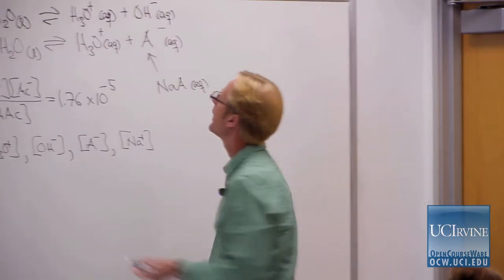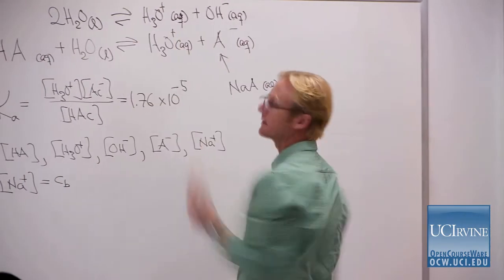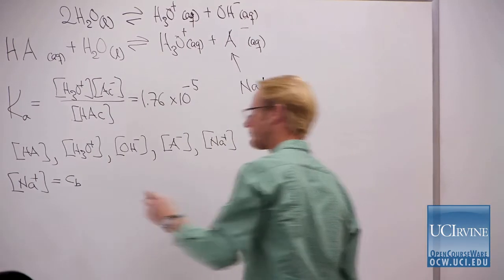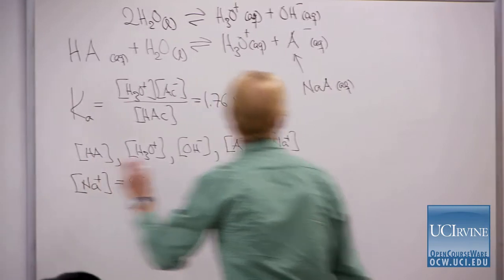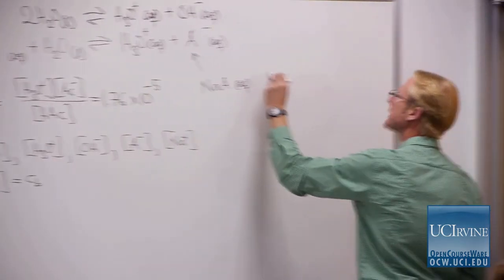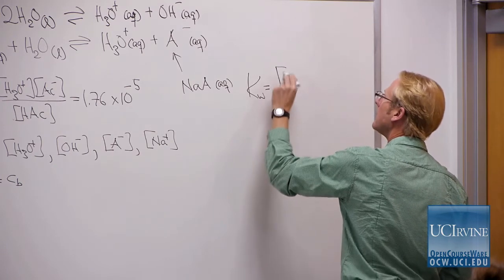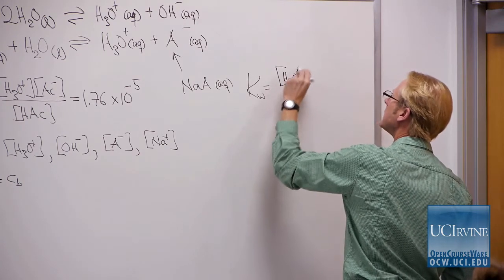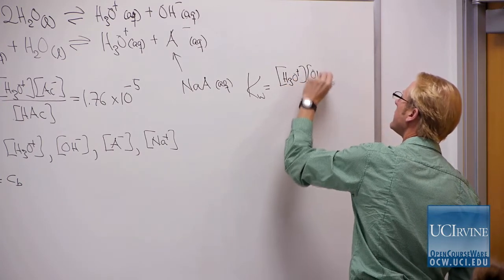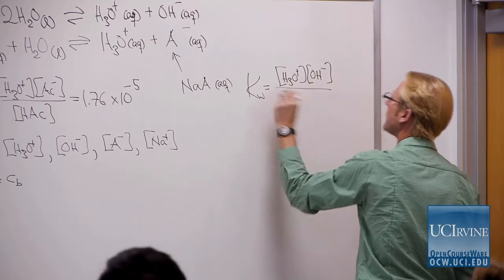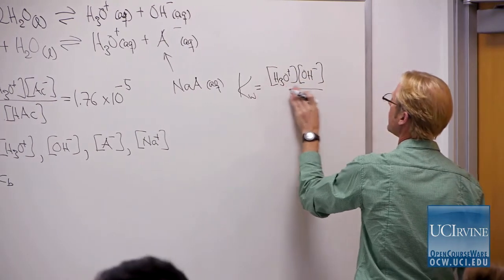What else do I know? Well, I know the equilibrium constant for this reaction. So I'll go ahead and write that over here. That's K water is equal to H3O plus times OH minus divided by, well, that's just it, no water in there.